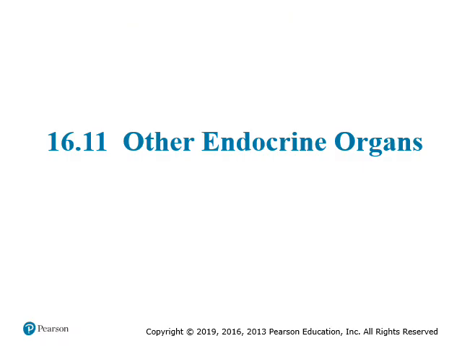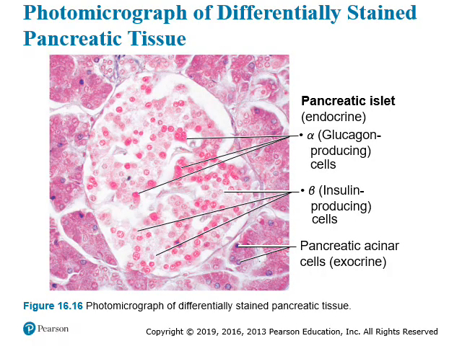So let's move on to the other endocrine glands and take a look at some of their secretions. Actually, this is not just another gland, this is one of the major endocrine glands, the pancreatic islets.